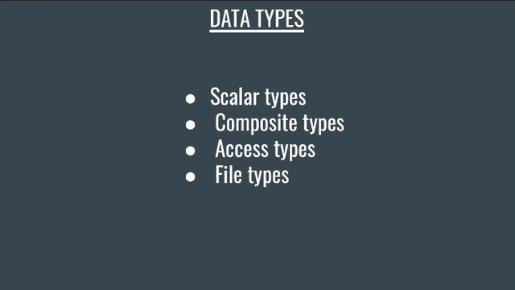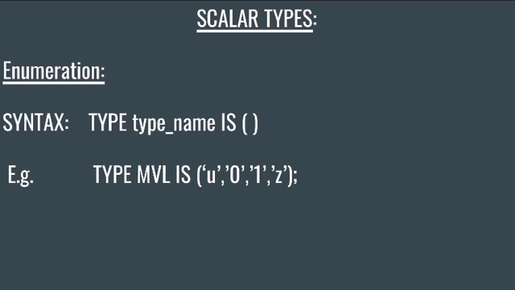First, let us see the scalar type. Values belonging to these types appear in sequential order. That means these types are ordered. They have some sequential order.